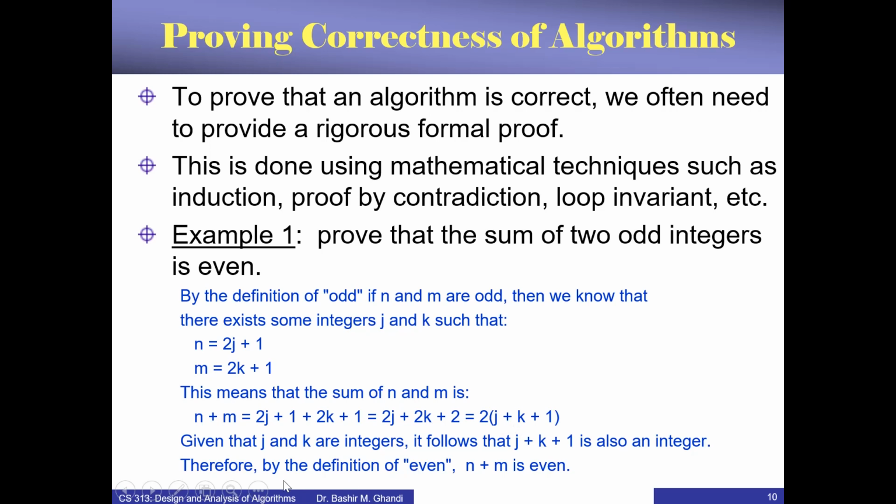For example, 10 can be represented as 2 times 5, because 10 is even. So this is basically how you can go about proving the statement that if you add any two odd numbers, you're going to get an even number.